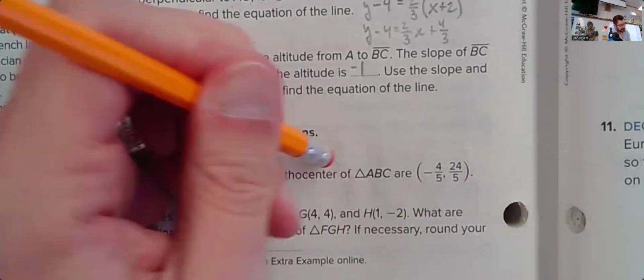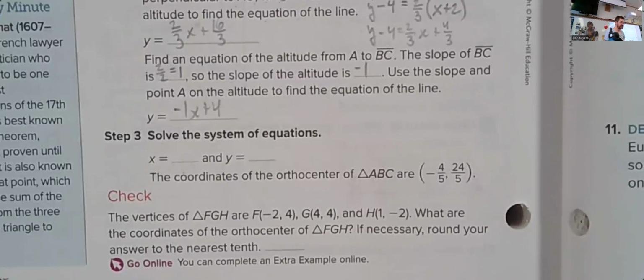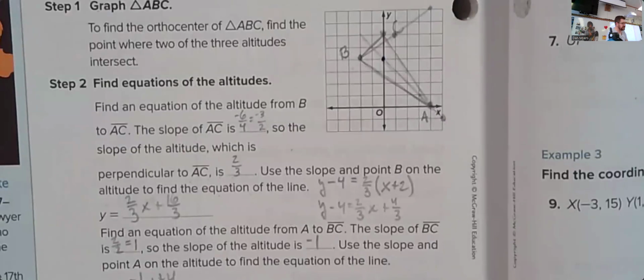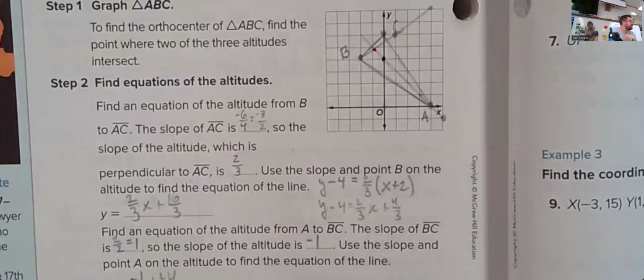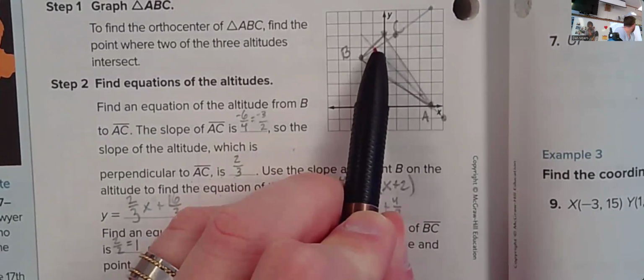So, first of all, if you were to guess where those two lines intersected, because that's what we're figuring out, where the two altitudes intersect, that would be right here. How far left would you say that is? Like how far to the left is that point of intersection from 0?